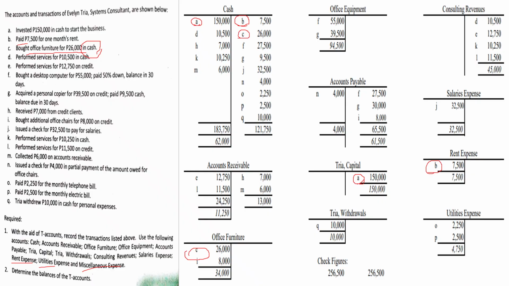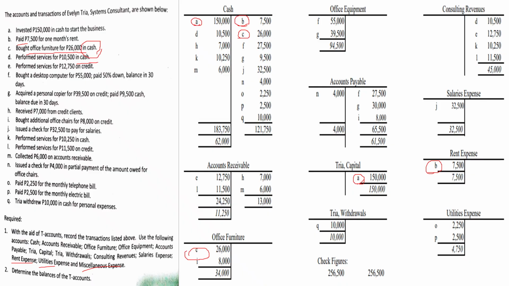Letter D, perform services for 10,500 in cash. So take note again, when we perform services, we earn revenue there, right? And we receive cash. When we receive cash, our cash increases. So increases in cash is on the debit side, right?